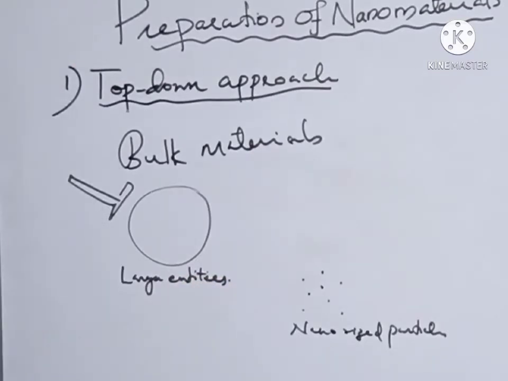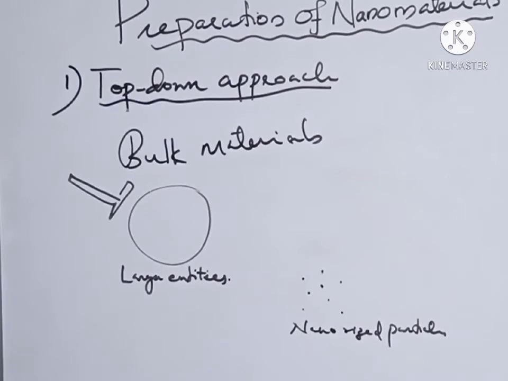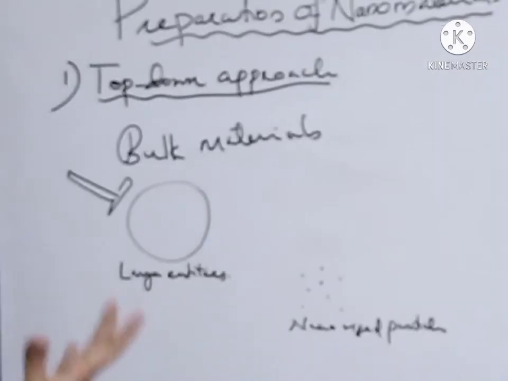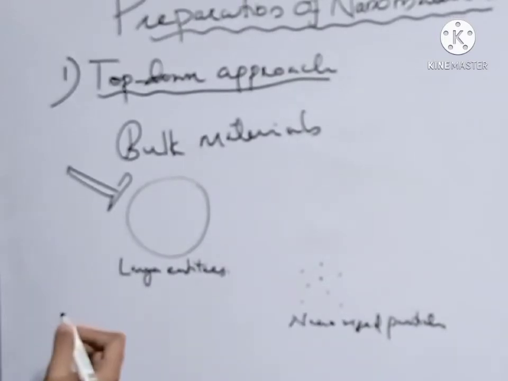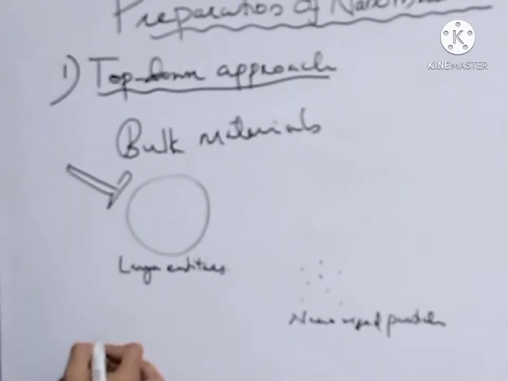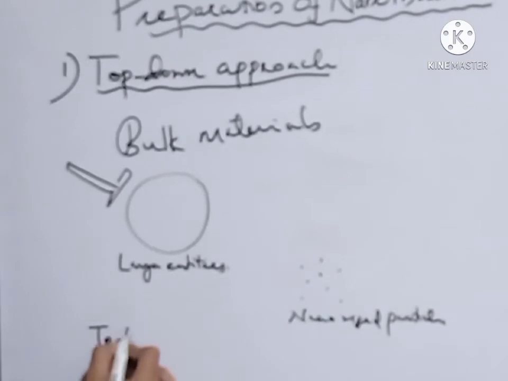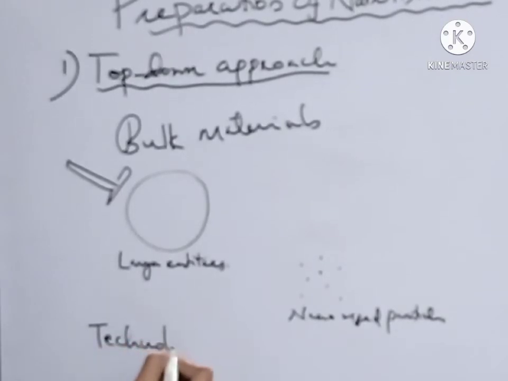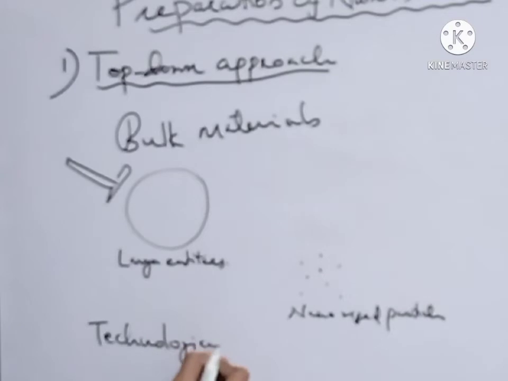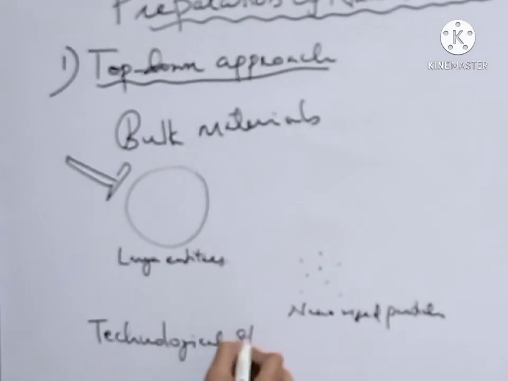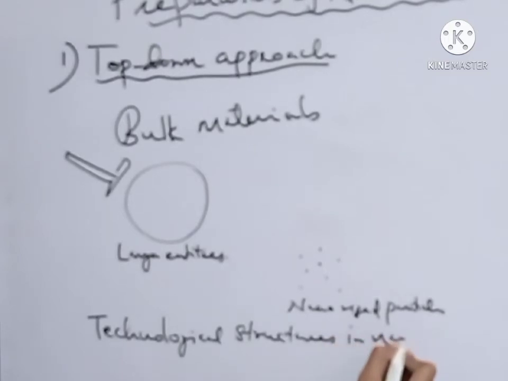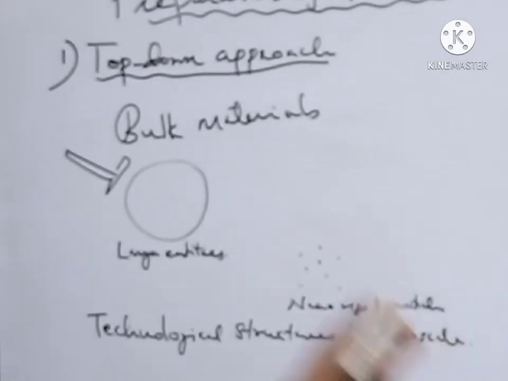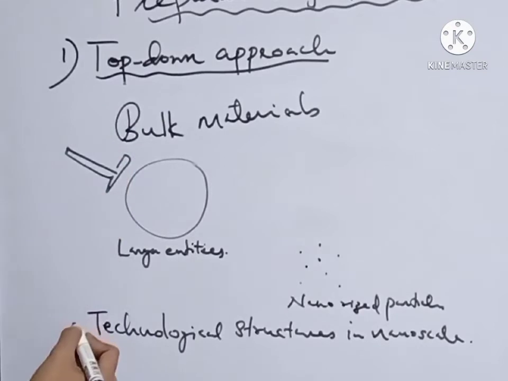This method has a wide application in technological and architectural industries because the top-down method is used to produce nano-sized technological devices. Nano-sized technological devices are prepared by using this method.